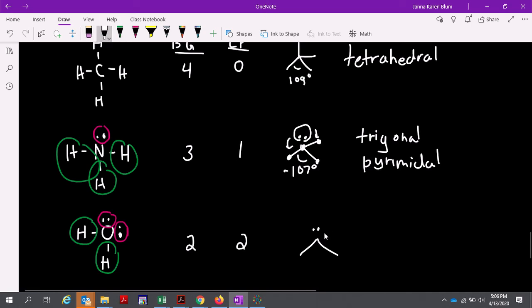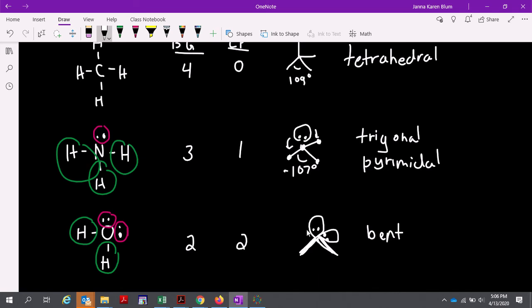And that's 2 lone pairs. And what am I left with after that? This is called bent. So when I put those lone pairs on, these guys still take up that space. But if I look at just what's made up of my bonding part, it's bent.